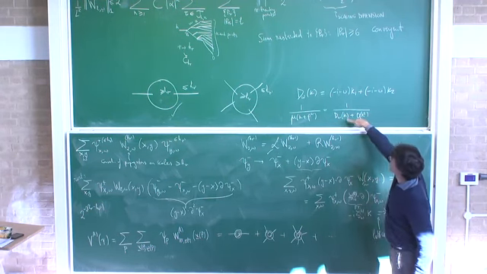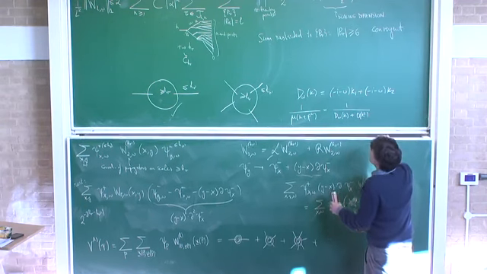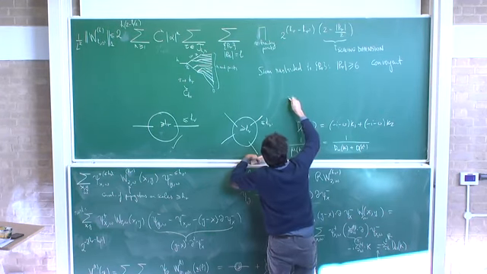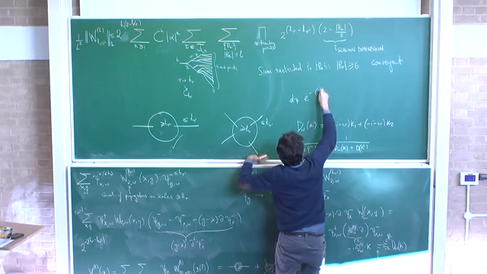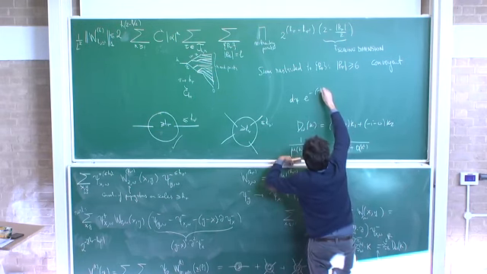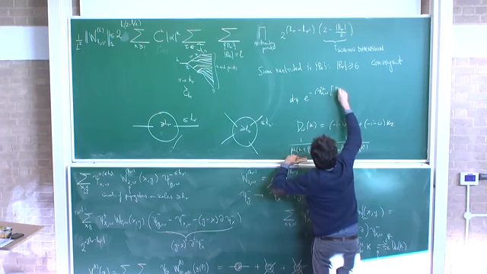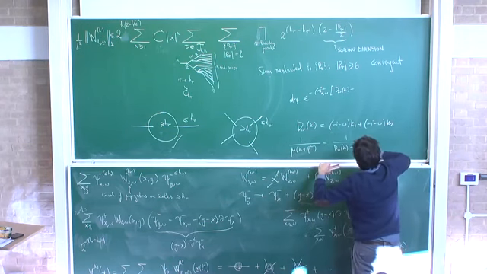Remember that if you have a propagator like this, it means that the Gaussian integration, the reference Gaussian part, is what can be written this way, plus this, let's say, this rest.